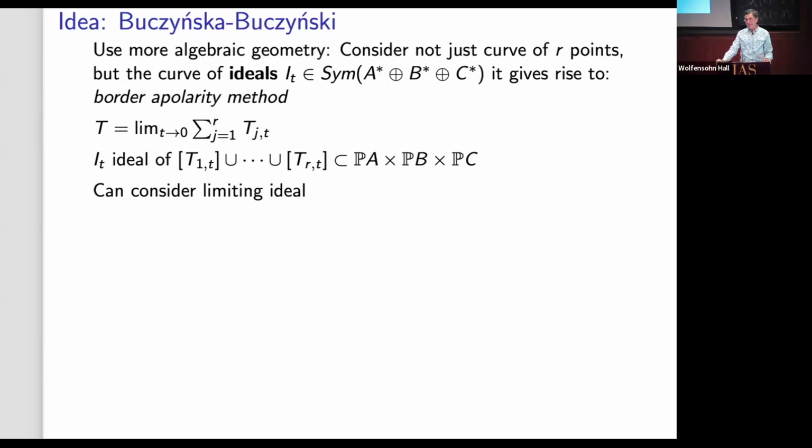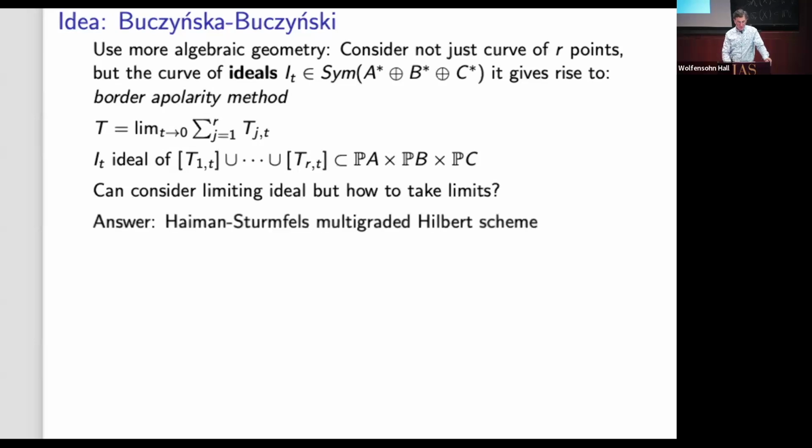And now we have a second problem. We first had our uninvited guests in the usual Hilbert scheme, the ones that corresponded to zero-dimensional schemes that were not limits of R distinct points. And now we have these ideals. See, the ideals in this Haiman-Sturmfels Hilbert scheme need not be saturated.